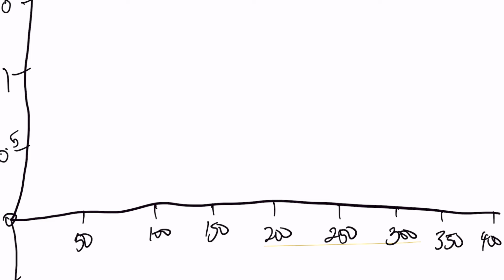At sine 0 degrees, we have 0, so we have this point here. At sine 30, we have 0.50, so our sine 30 will be around this point.